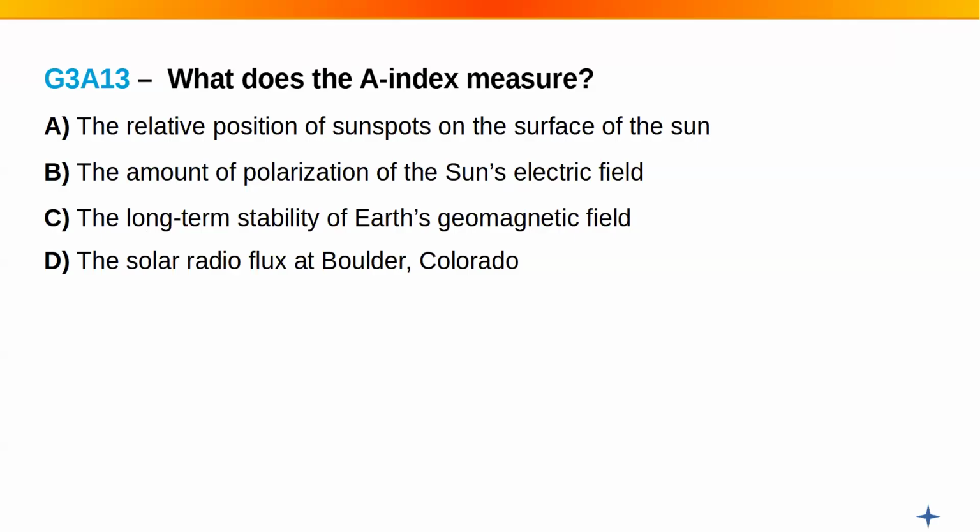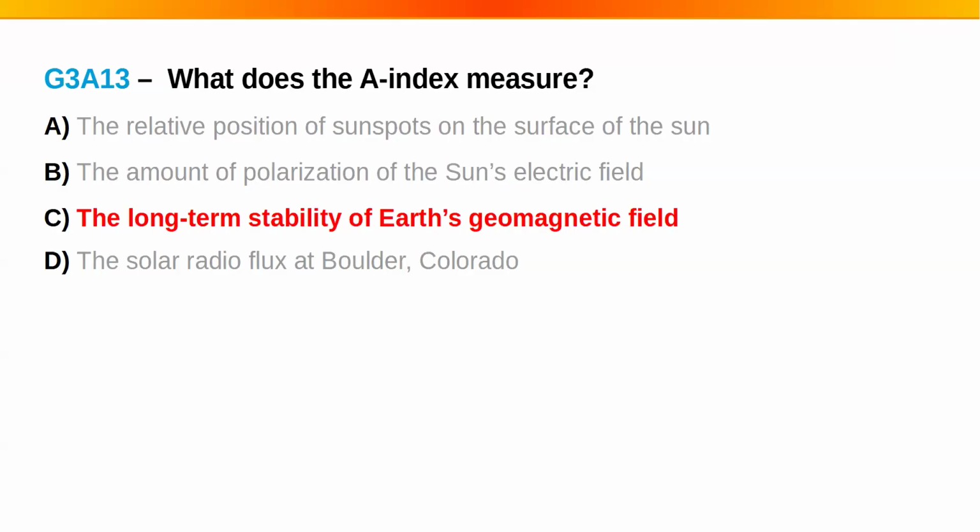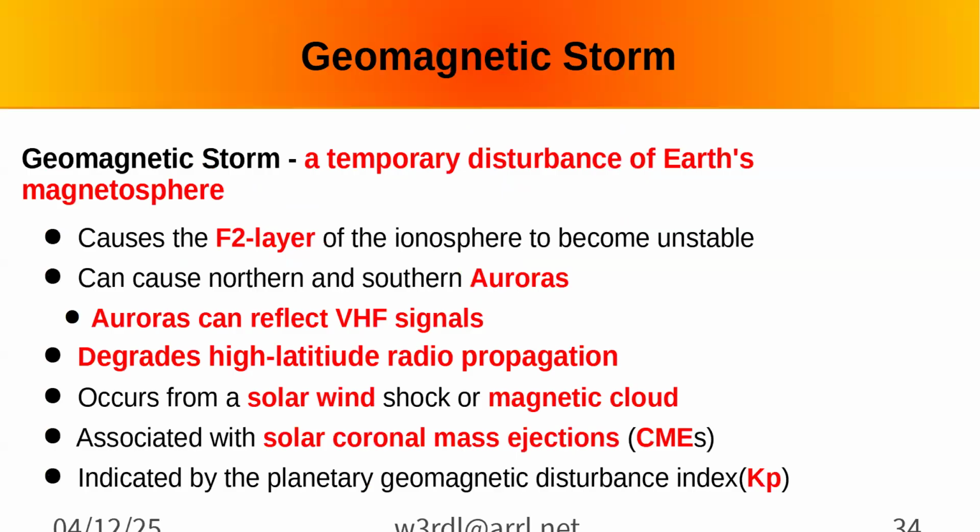So what's the A index measure? You didn't see the last slide. Charlie. Long time. Geomagnetic storms are disturbances of the magnetosphere. There's a thing later on where they talk about the interplanetary magnetic field, which I'm not exactly sure about.